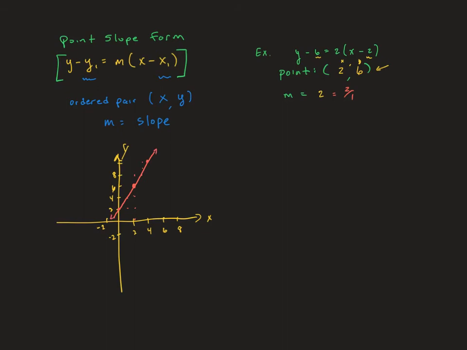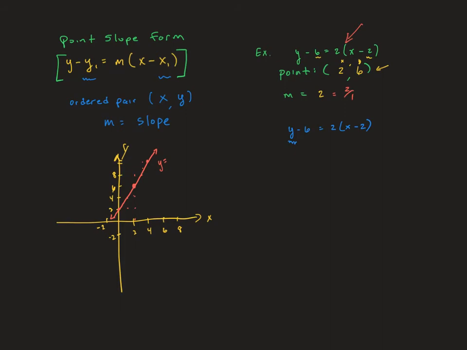I just started at a point and a slope versus starting at my y-intercept. But what is this as y equals? If I want to convert this equation into y equals, I'm going to solve for y. So we have y minus 6 equals 2 times x minus 2, and I want to isolate my y in order to get y equals.